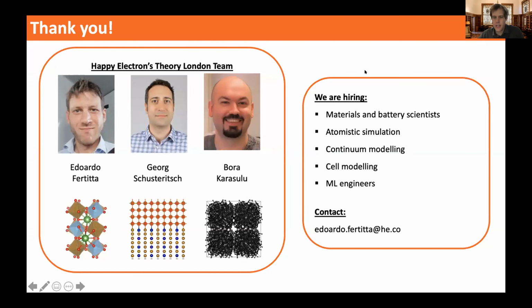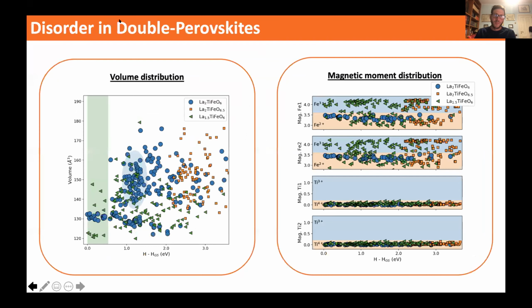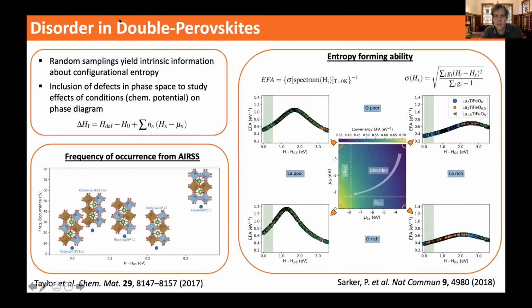And maybe again, in the meanwhile, while people are gathering and digesting the talk, Eduardo, you mentioned at some point these diagrams where you can tune the partial oxygen and lanthanum pressure. And as a result, you could actually guide somehow the direction towards this disorder in the bottom left of your diagram.